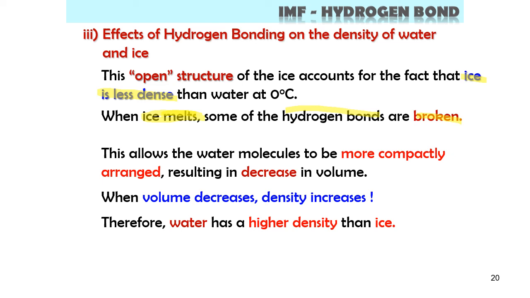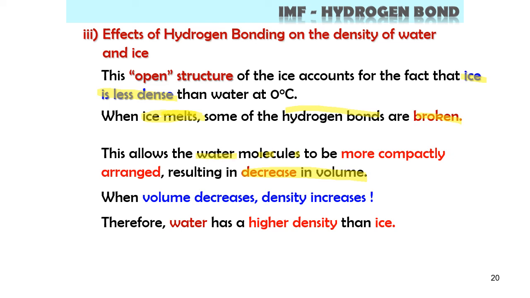Okay, this will allow the water molecule to be more compactly arranged and result to decrease in volume. Okay, so ini tadi kalau daripada solid, high volume kan, ada ruang-ruang open structure. But then bila ice melt, dia akan slowly turns into liquid and the arrangement will be more compact lah. And this will result in decrease in volume.